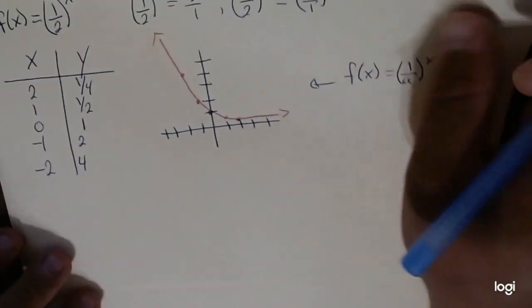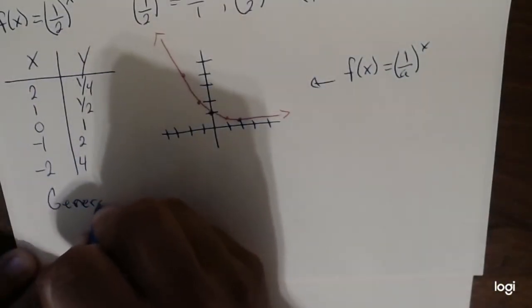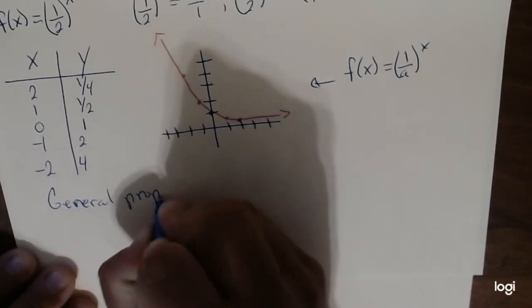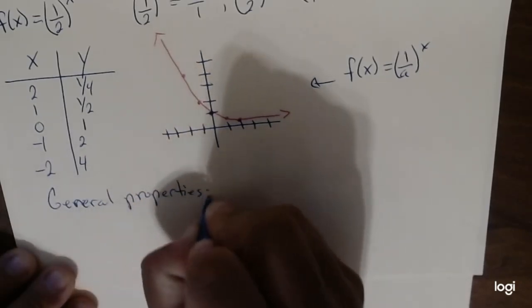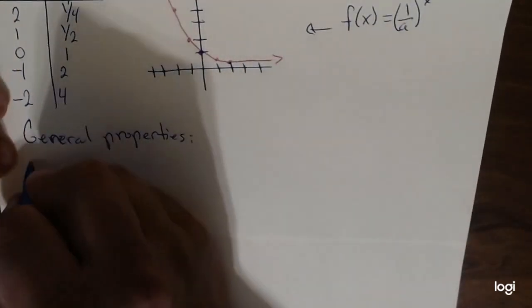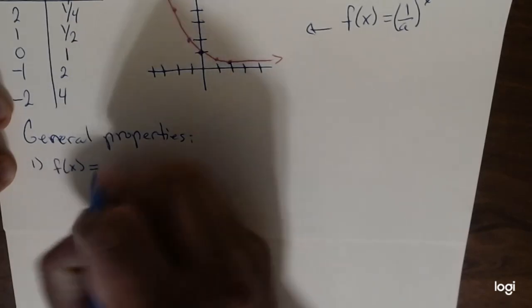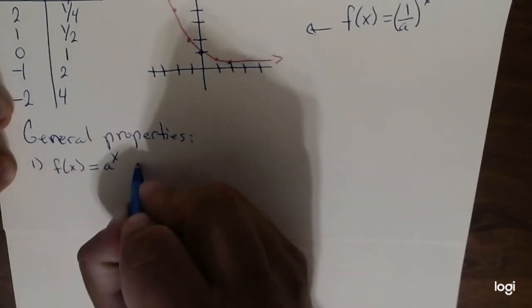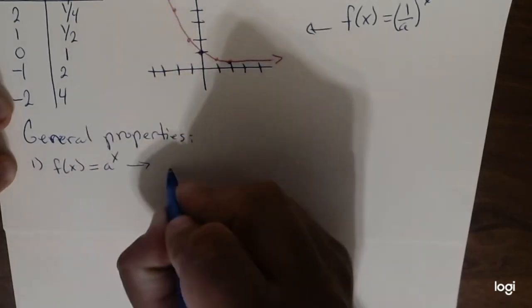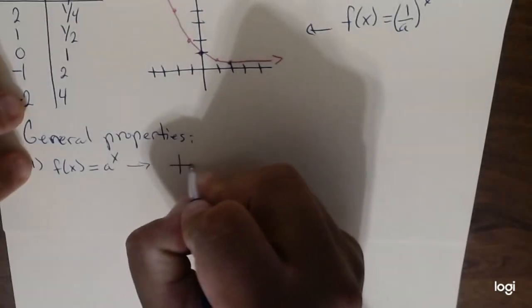So let's just do some general properties. Okay. So the first general property is if the graph looks like this, right, if I have a to the x power, that means it's going to look exponentially going across like this.